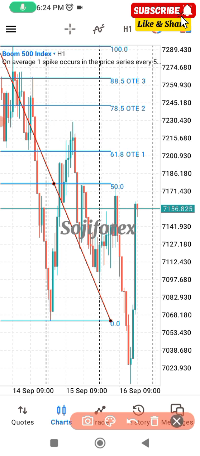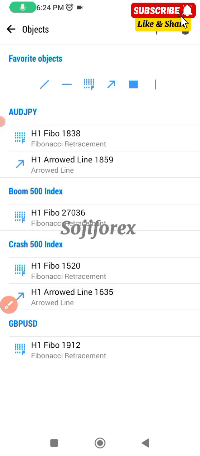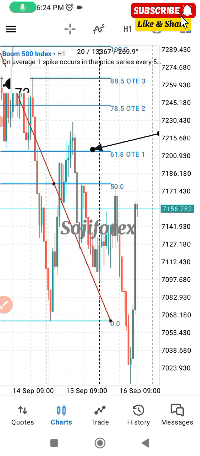In this scenario, price gave a beautiful pullback up to this zone. Of course, there is an imbalance that price came up to fill. If you don't know what imbalance is, you can go to a video on this channel where we talked about imbalance.